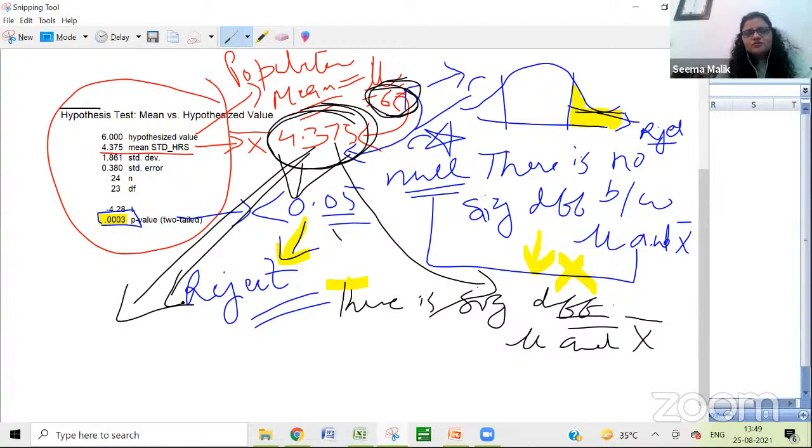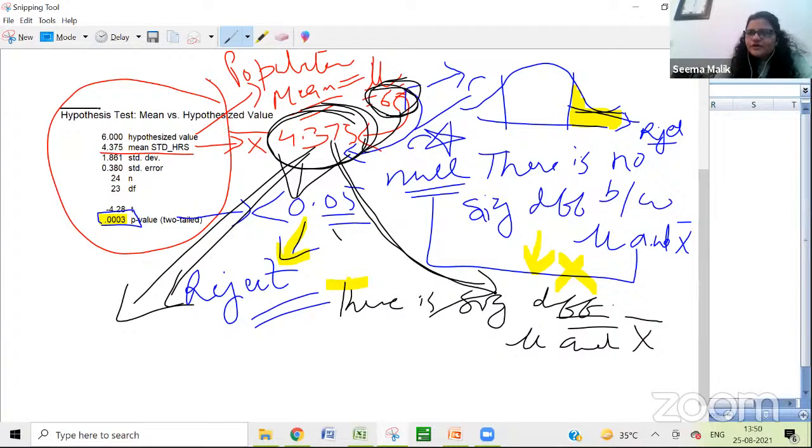You need to chalk out why in your sample students are having fewer study hours as compared to the population mean, because the test supported that there is a significant difference. Now in your research you have to report the reasons why the study hours of the students of your sample are lower than in the earlier studies. So this is your interpretation and this is your recommendation.